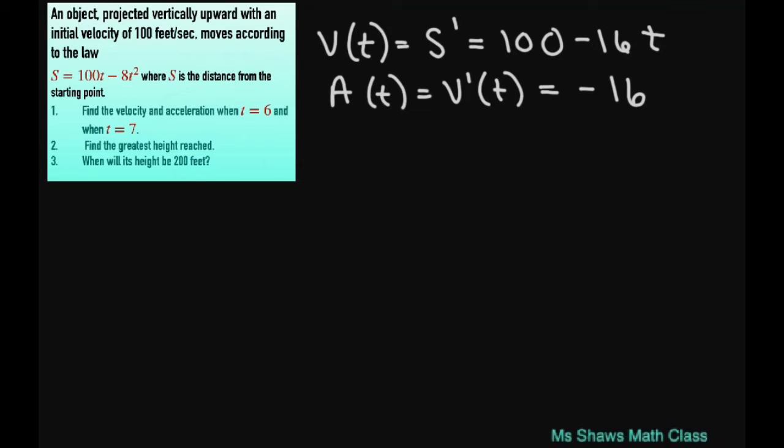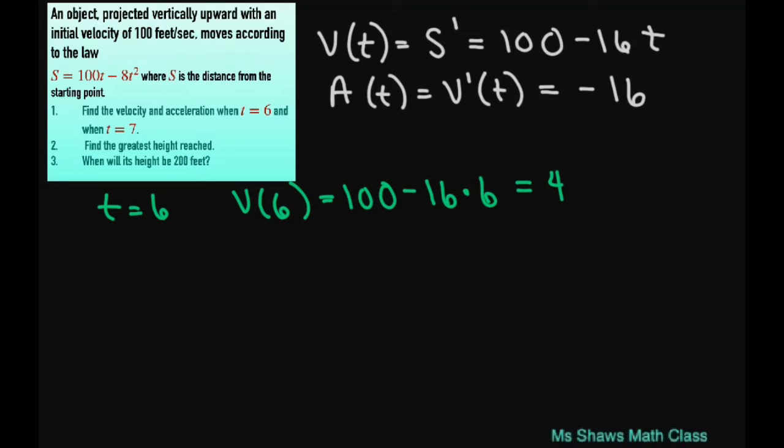So therefore, at t equals 6, we're going to get the velocity, or v of 6, equals 100 minus 16 times 6, and that equals 4.